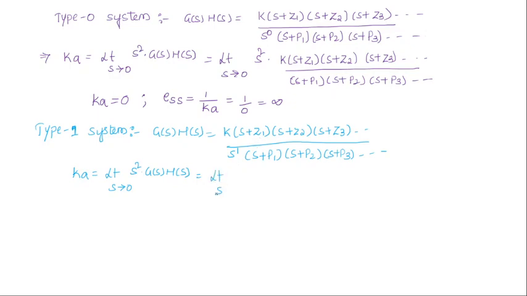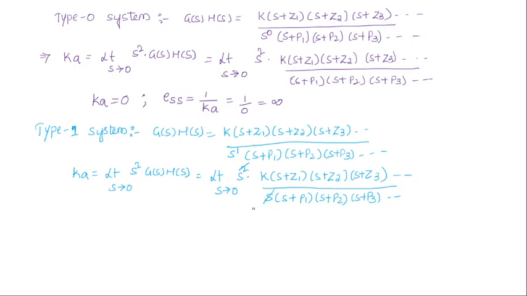It will become limit s tends to 0 of s square into K into (s plus Z1)(s plus Z2)(s plus Z3) and so on, divided by s into (s plus P1)(s plus P2)(s plus P3) and so on. So the s square term and s power 1 term get cancelled out, leaving 0 into something, that means Ka value becomes 0.